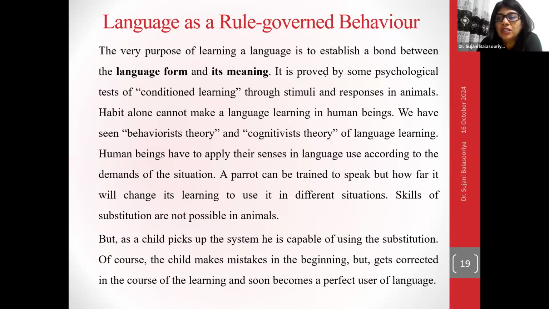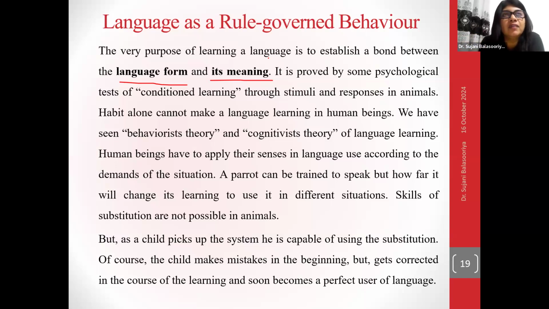If we move on to the note, here you have this opening line talking about the bond between language form and its meaning. The very purpose of learning a language is to establish a bond between the language form and its meaning. Now, what do we mean by learning a language?